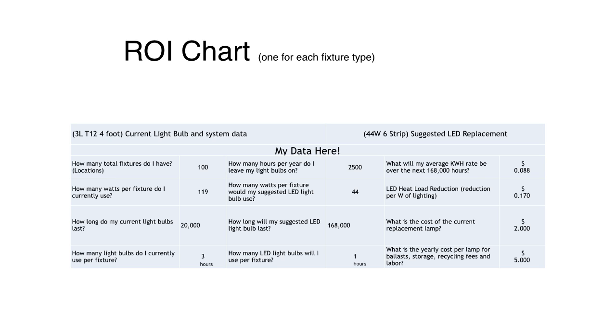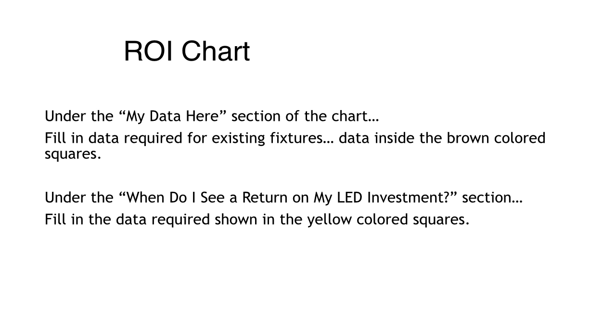So then you're going to have the return on investment chart. This is also included in the Android app that you will soon receive. So the return on investment chart, you're going to, under the My Data Here section of the chart, fill in the data required for the existing fixtures, and then the data inside the brown colored squares.